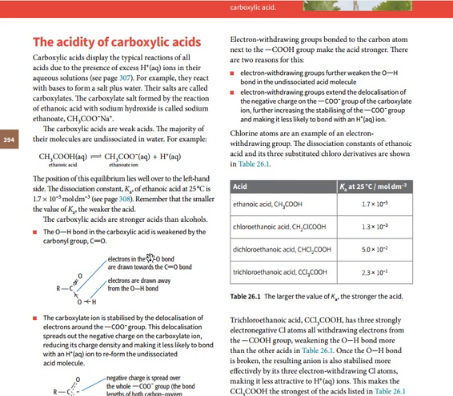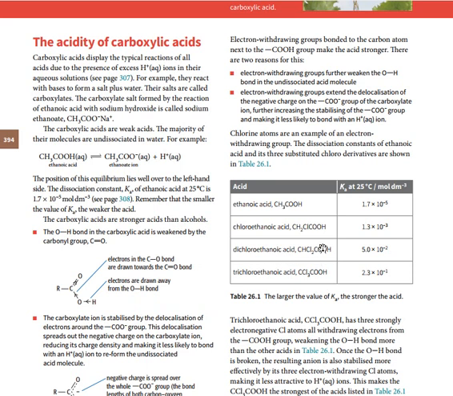Since chlorine is electronegative, there is a greater pull of electrons on this carbon atom, making it much more delta positive. It's going to pull more electrons from the O-H, which causes increased polarity of this bond. So chloroethanoic acid is more acidic compared to ethanoic acid.